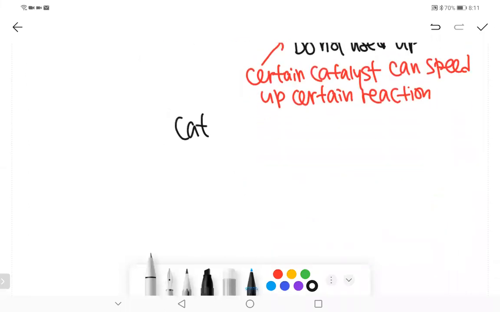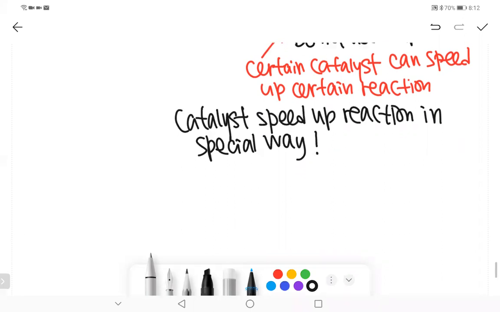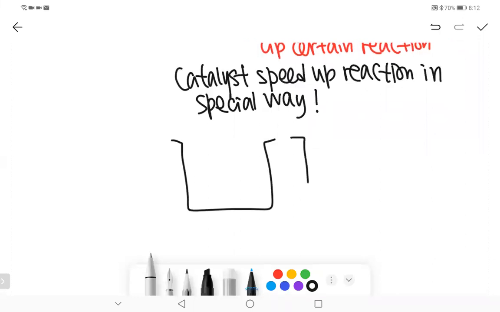Catalyst speeds up the reaction in a very special way, very different from temperature, concentration, pressure, and size. So how does catalyst speed up the reaction? Let me draw two pictures.